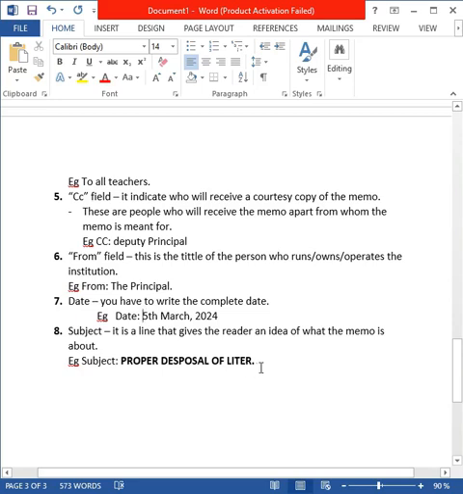Then from here, number 9, now we come to the body of the memo.